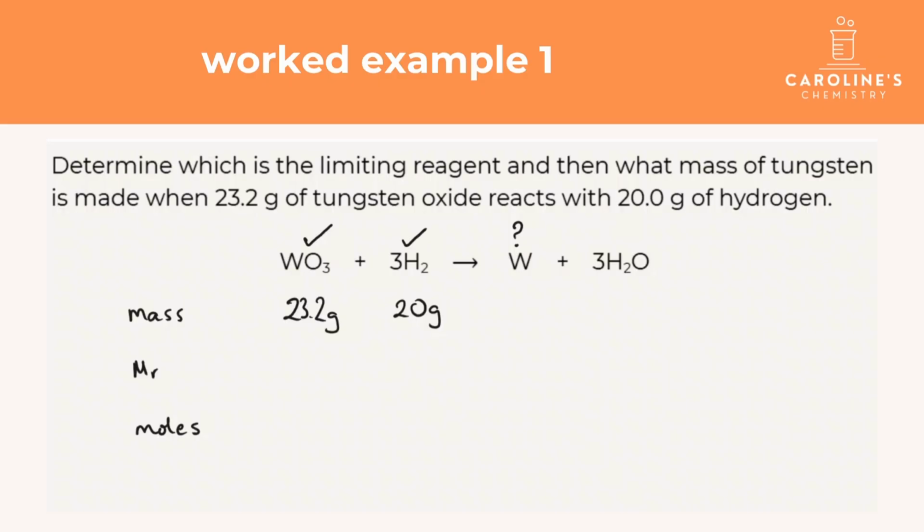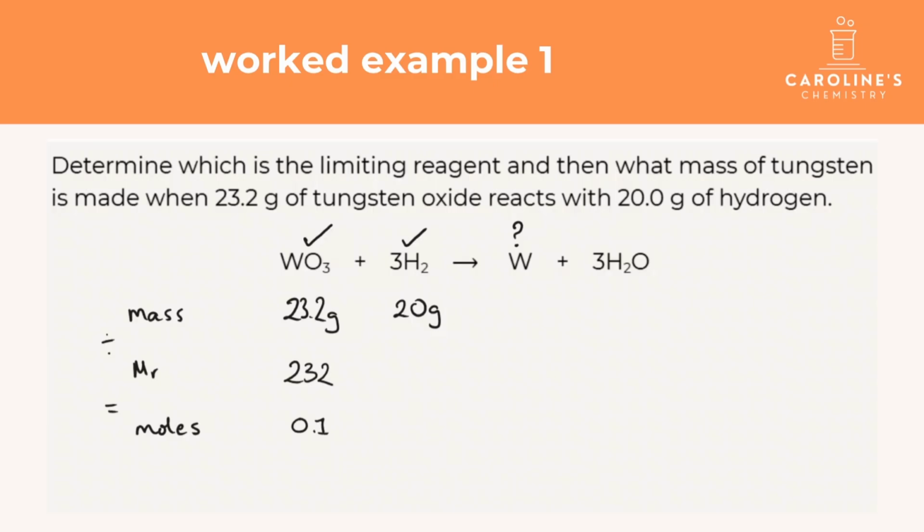So 184 plus 3 times 16 is 232. In order to work out the moles, we do mass divided by MR is equal to moles. So 23.2 divided by 232 is 0.1.